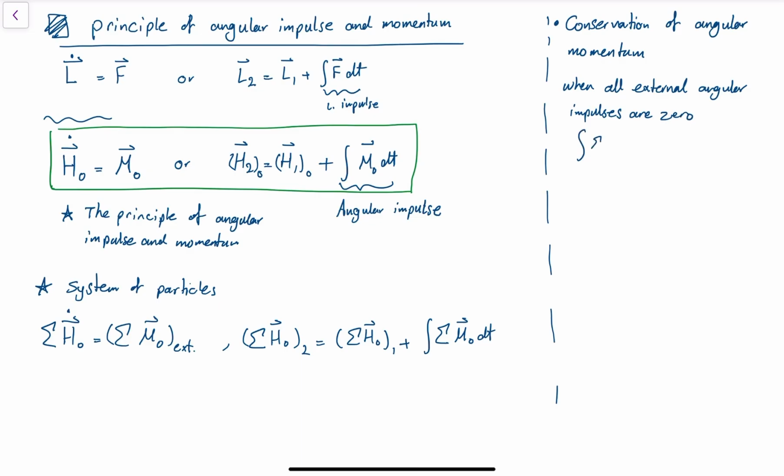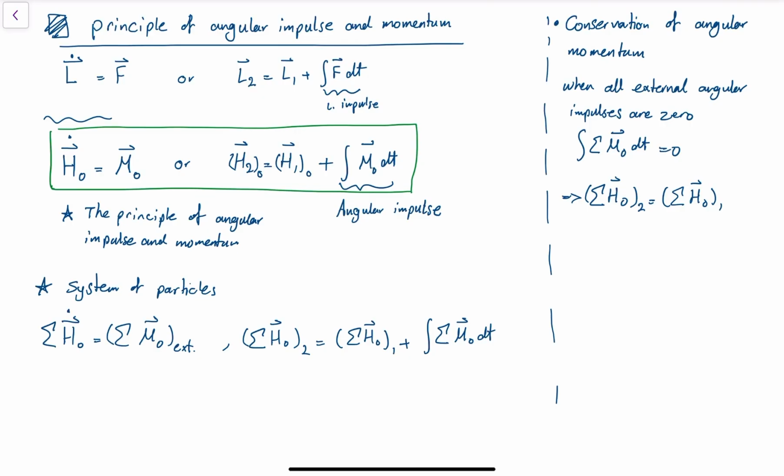If the integral of this equals 0, then you can deduce that the angular momentum of the entire system remains conserved, doesn't change.